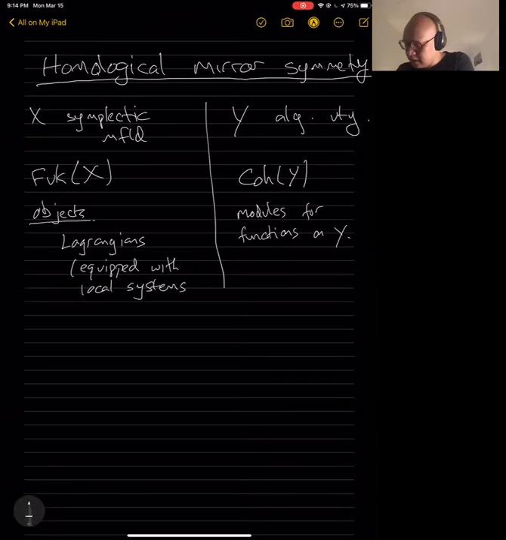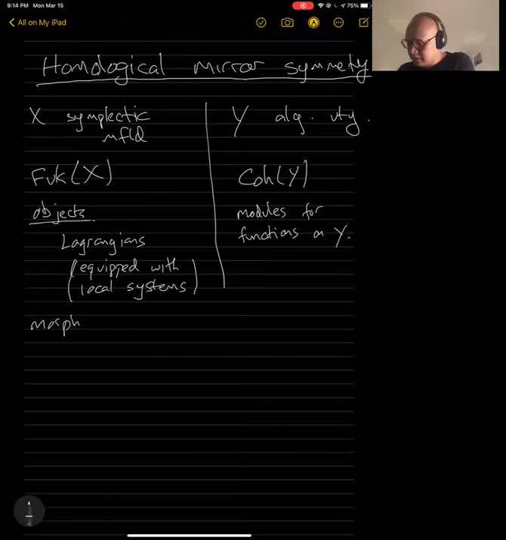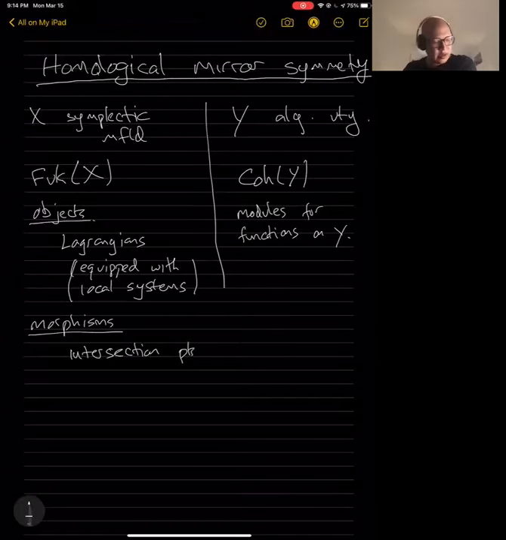But of course, you can always take just the constant local system. And then it has morphisms. And the morphisms are the intersection points. The morphisms between two Lagrangians are the intersection points. And it has some rules for composing morphisms. Composition. And this has to do with counting holomorphic triangles, counting holomorphic disks.